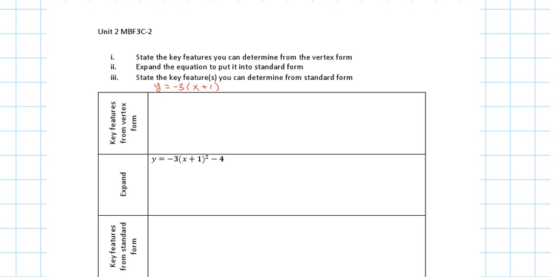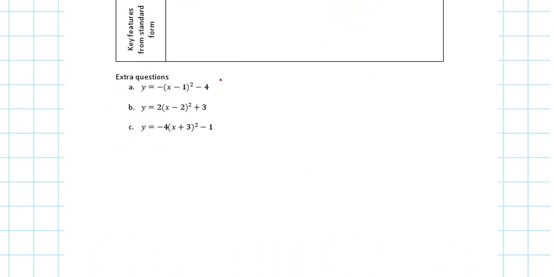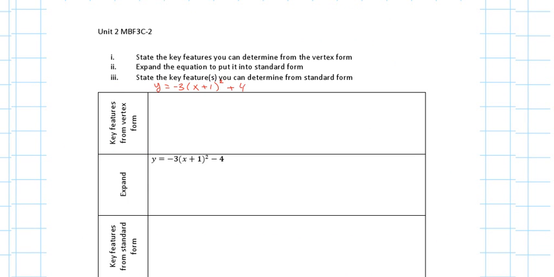Okay. Minus 4. Okay, so what can you tell me from this form? It's not asking me for transformation, it's just asking me for key features.